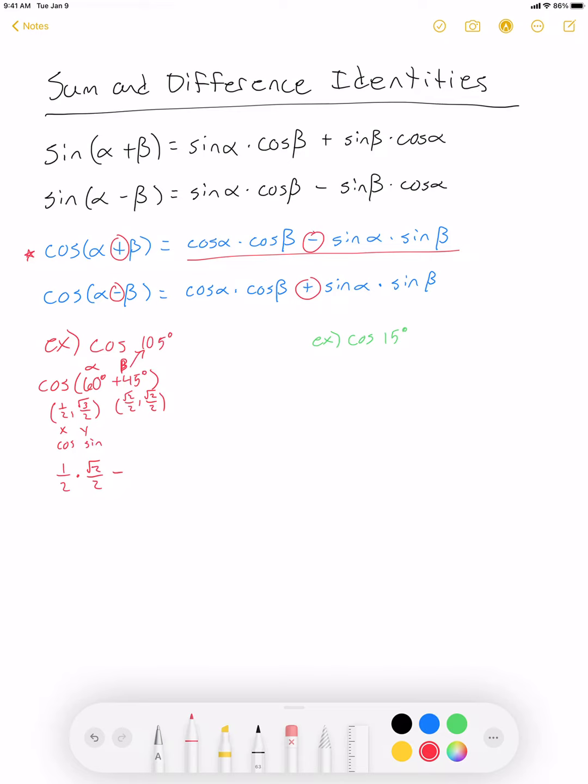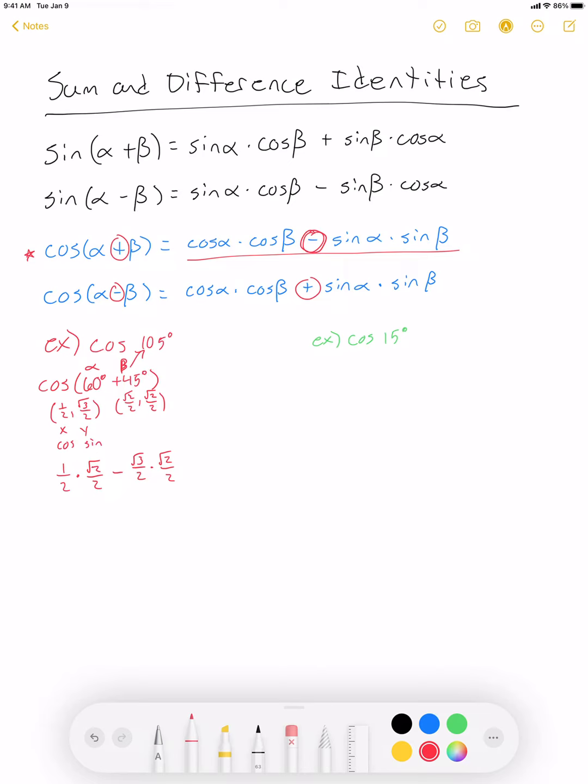Minus, following the formula, because it's opposite, so minus sine, now the y value. The y value of 60 degrees is radical 3 over 2, times the y value, the sine of 45 degrees, our second angle measure, so times radical 2 over 2.